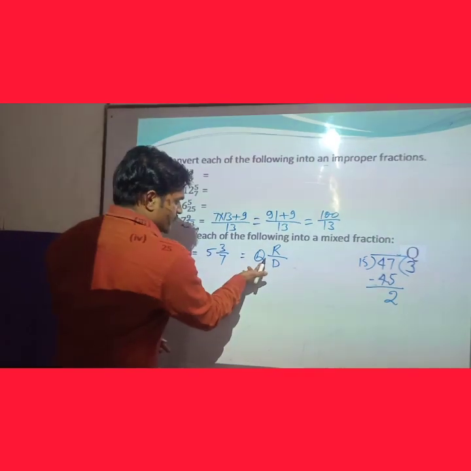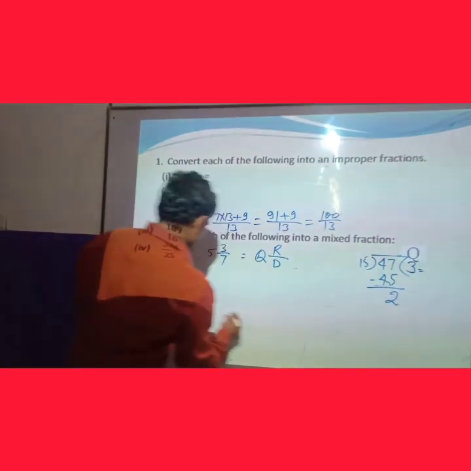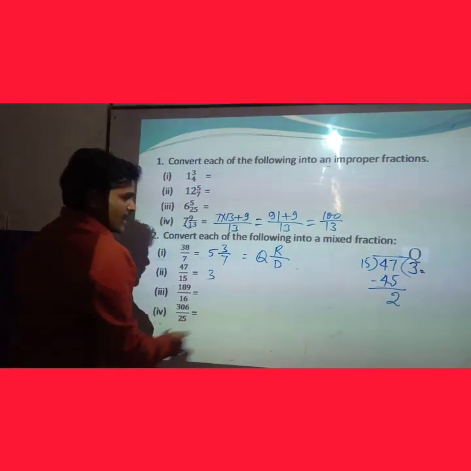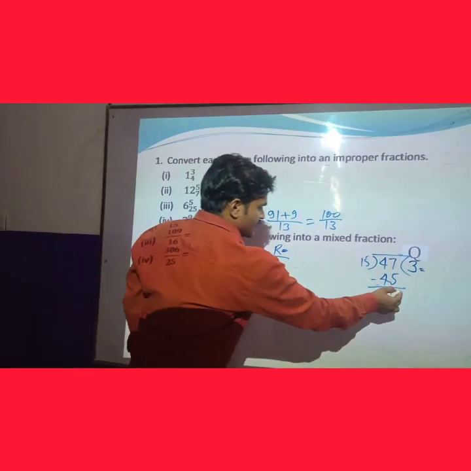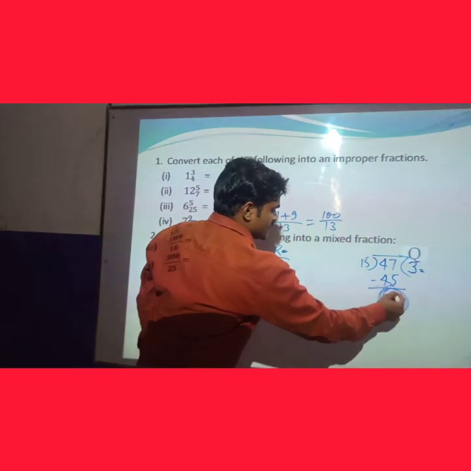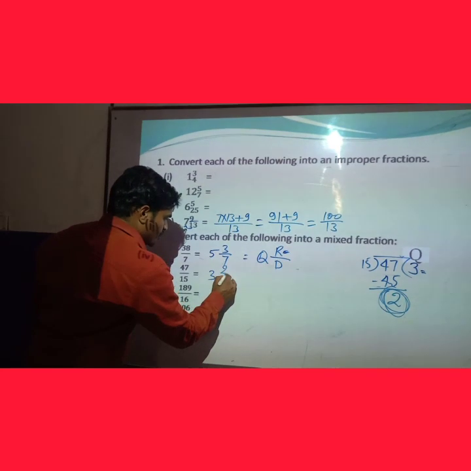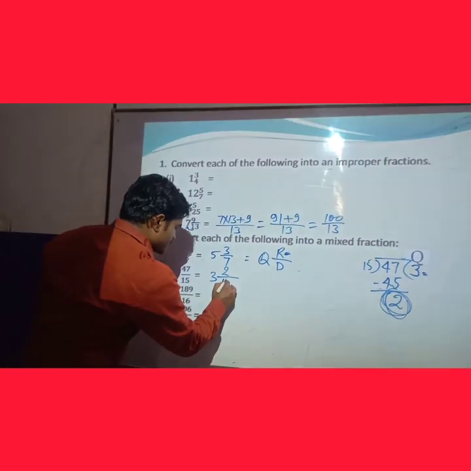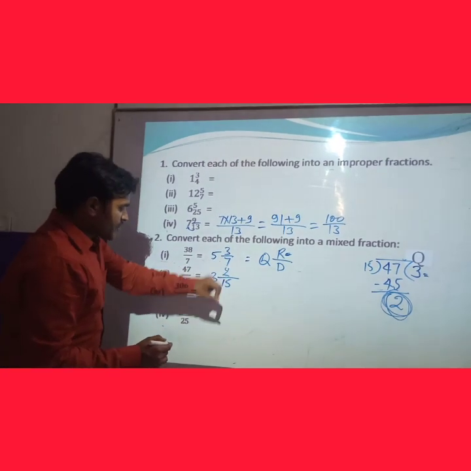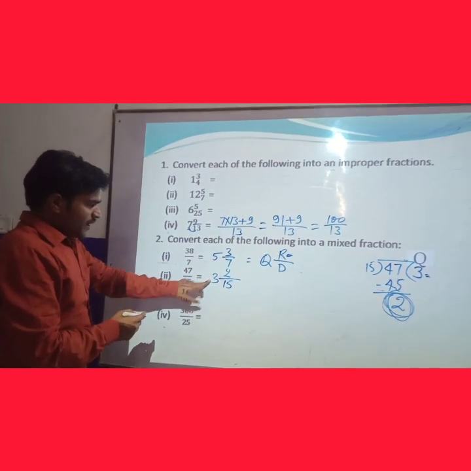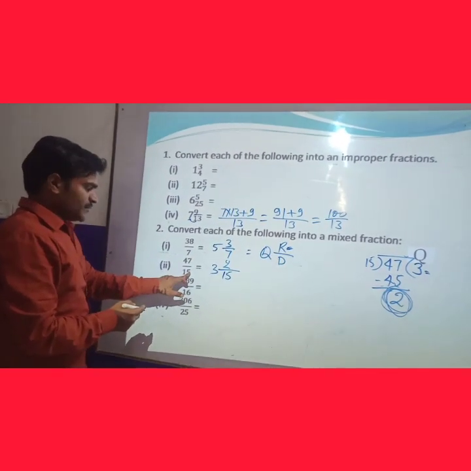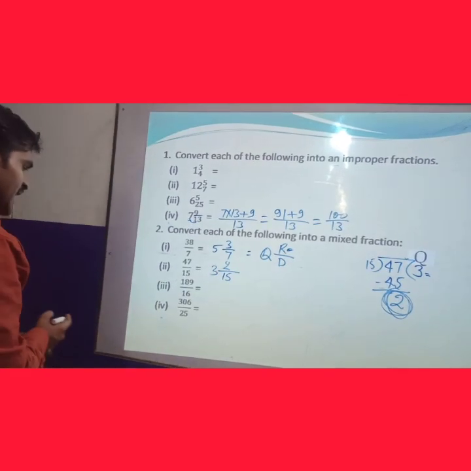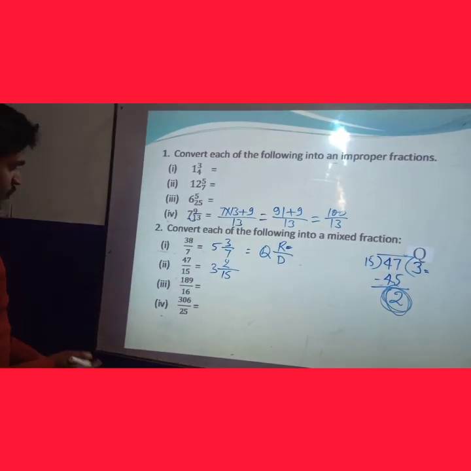So what is the quotient? 3. First we write 3, and the remainder is 2, so 2 upon the divisor, which is 15. Now 15 3s are 45 plus 2 is 47. So 47 upon 15.